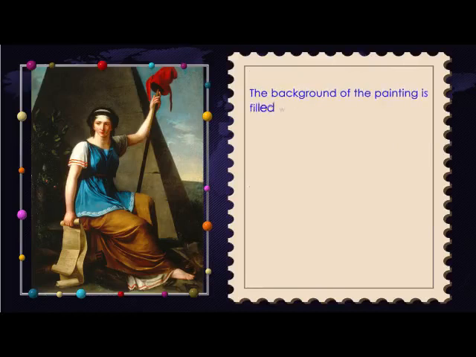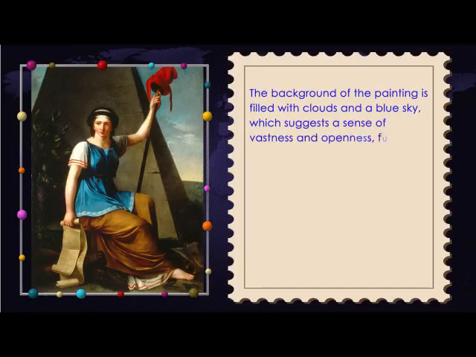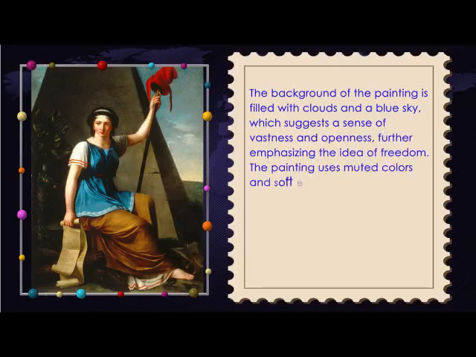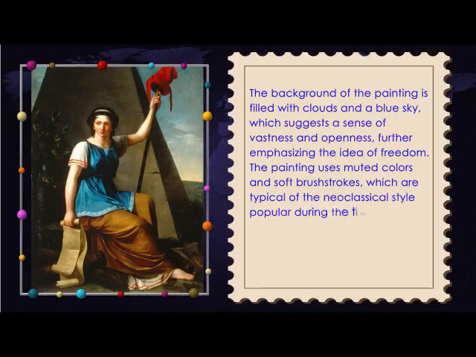The background of the painting is filled with clouds and a blue sky, which suggests a sense of vastness and openness, further emphasizing the idea of freedom. The painting uses muted colors and soft brush strokes, which are typical of the neoclassical style popular during the time of the French Revolution.